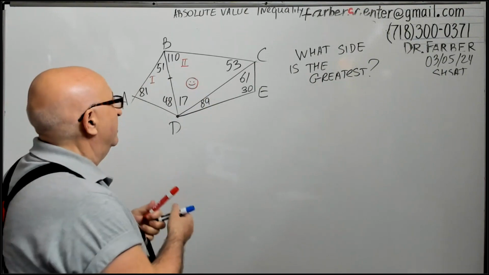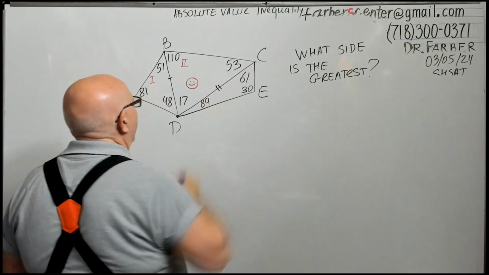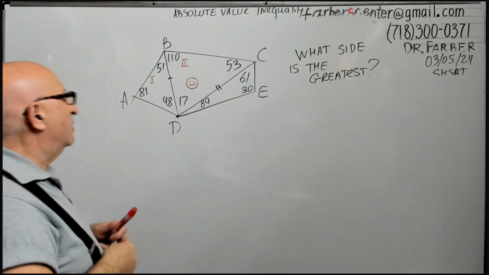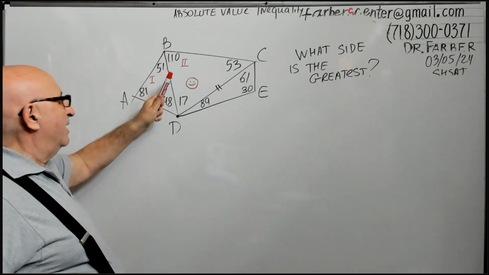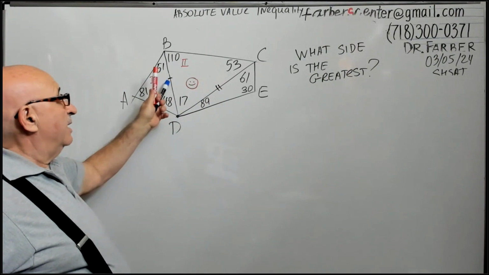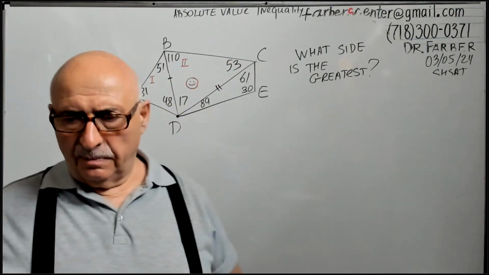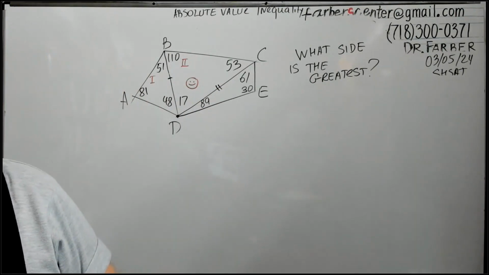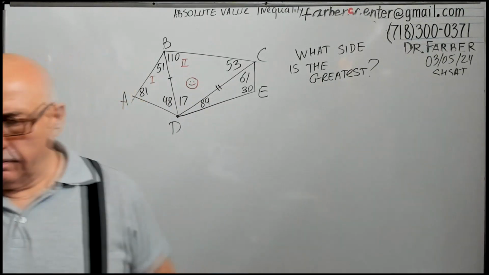You can say that this side DC is even bigger because it's located against 110, and this side is against 53 degrees. Everything is based on comparison. Who understands this 100%? And everybody answers this question, DC.